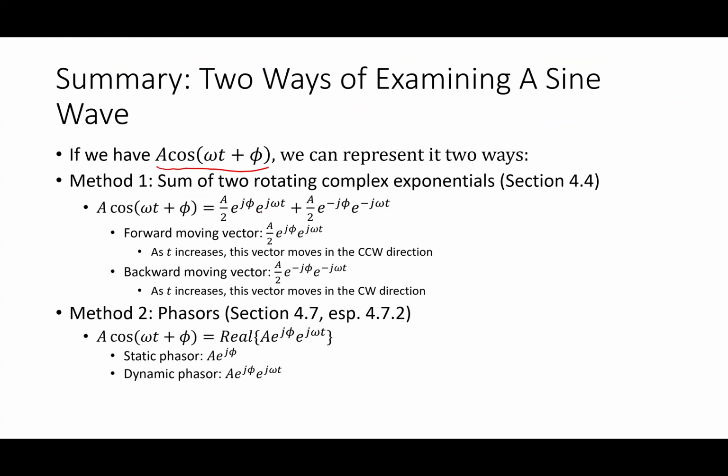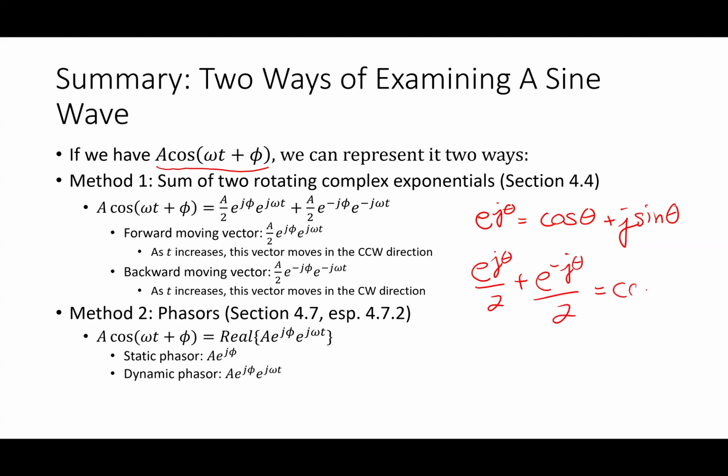I have this notion for a second that e to the j theta equals cosine of theta plus j sine theta. I'm using this idea. And I'm also using e to the j theta over 2 plus e to the negative j theta over 2 is cosine of theta.